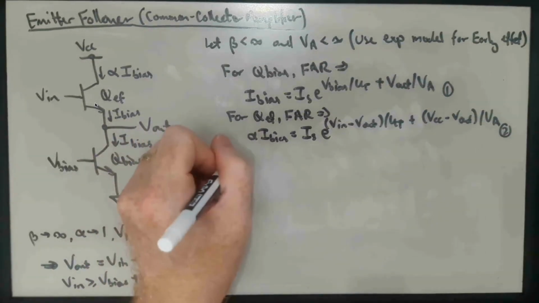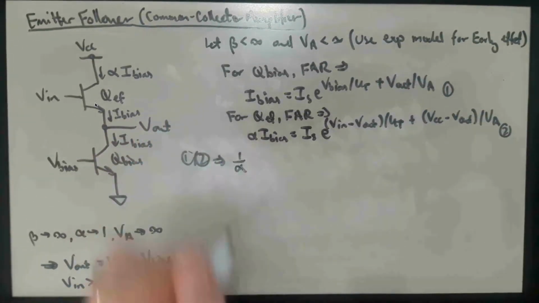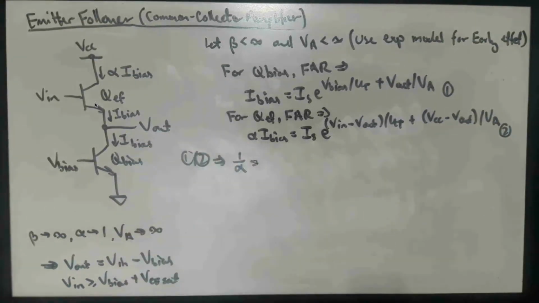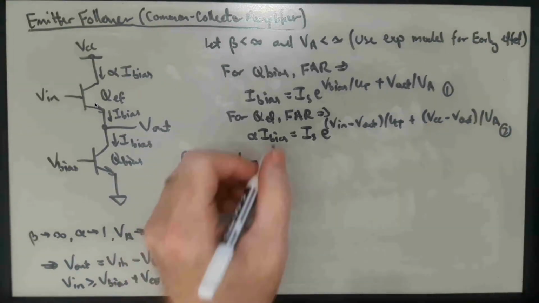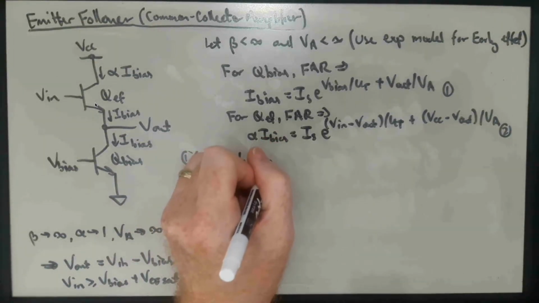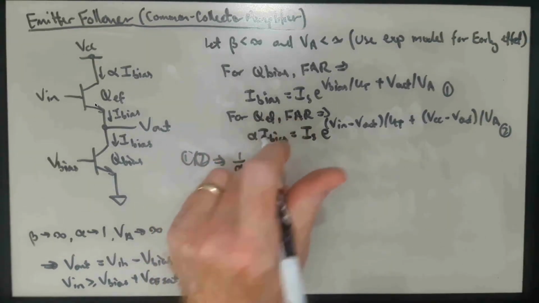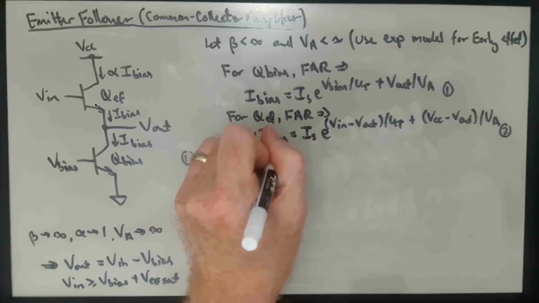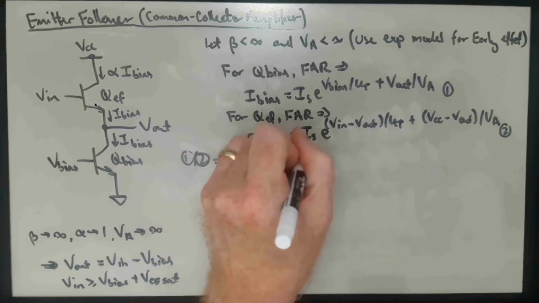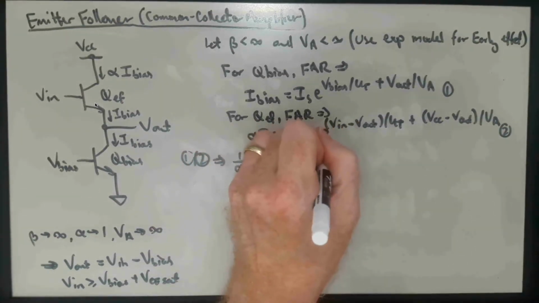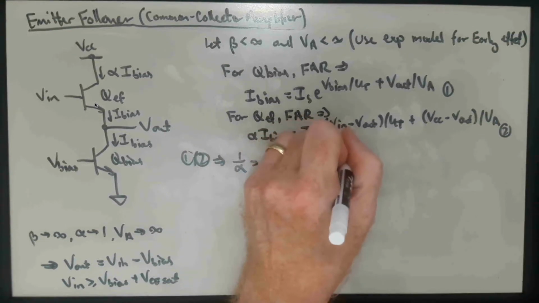And that implies on the left-hand side we're going to have 1 over alpha. The IS's will cancel. We're going to have an e to the V bias over UT plus V out over VA.